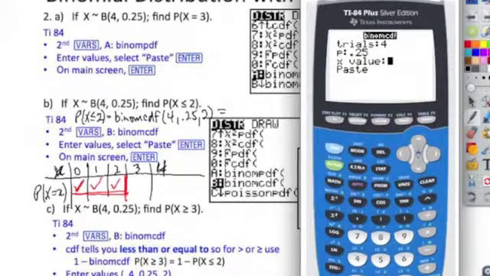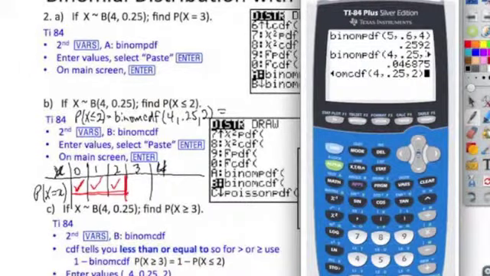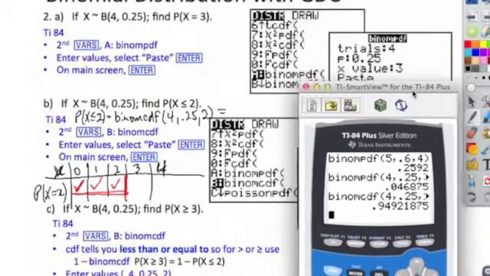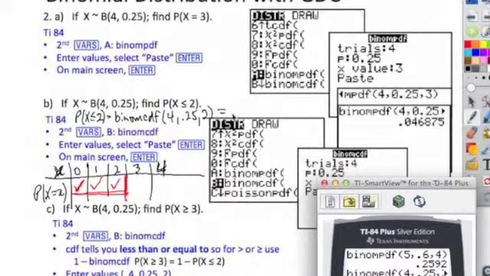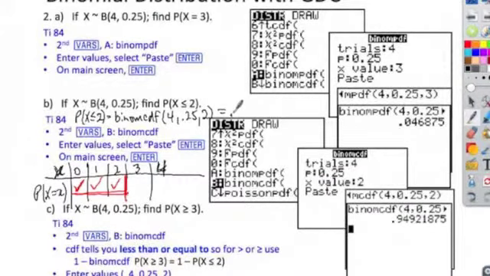So we want to add up to 2. Paste it in, hit enter, and there it is, 0.949. Three significant figures. Same as the calculation in the screenshot.